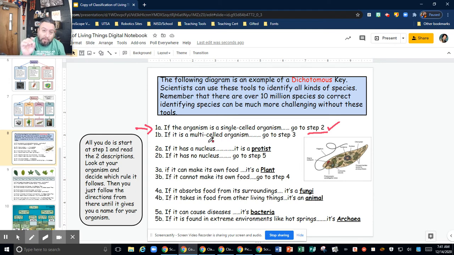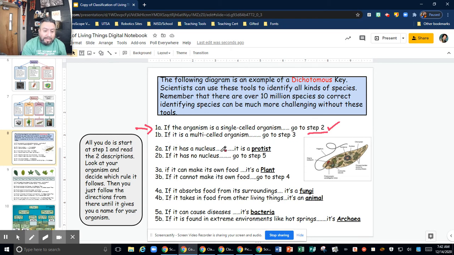You just follow the direction the key tells you to. So if this tells me to go to 2, I'm going to 2. If it told me to go to 304, I'm going to 304. I'm going to skip 2 all the way down through 303 and go to 304 because the key told me to. Okay, so if the organism is single cell, I go to 2.